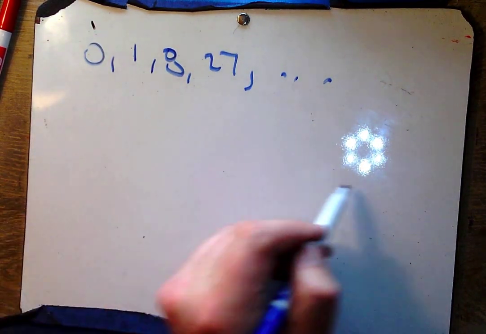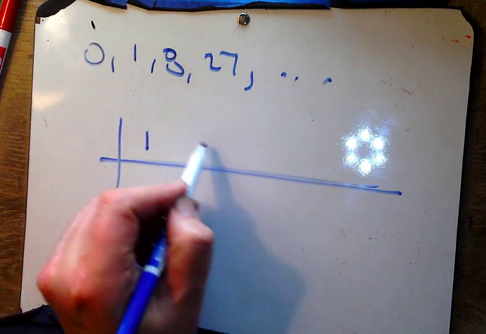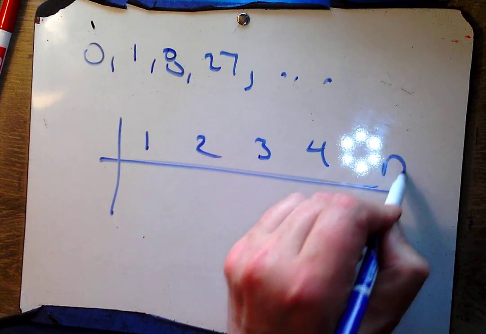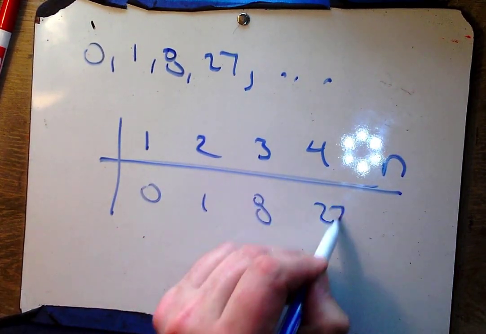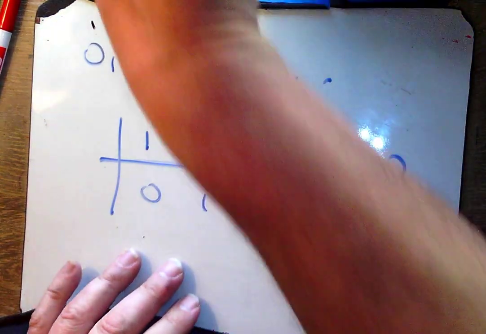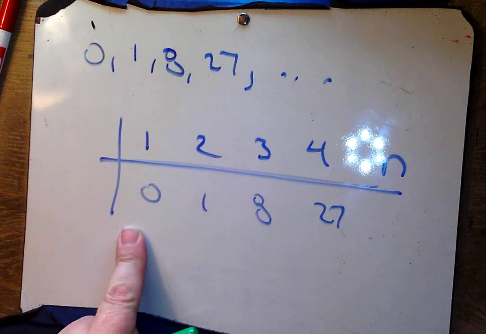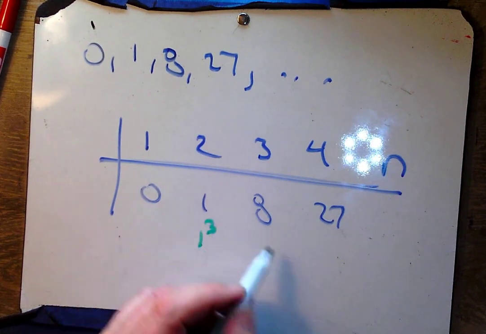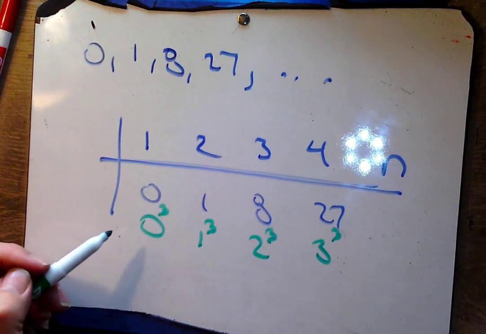And that's okay. I would say that for the people who do 1, 2, 3, 4, and 0, 1, 8, 27, these people have it a little easier, especially if they recognize these numbers. This could be 1 to the third, and 2 to the third, and 3 to the third, and 0 to the third.